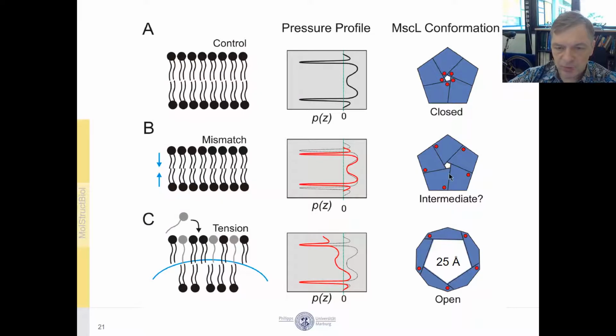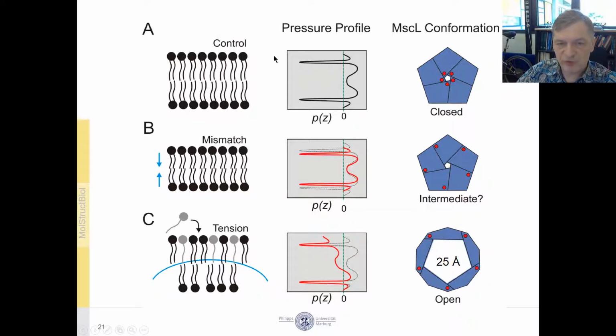Okay, so here again in a bit more diagrammatic form: closed state, some intermediate state. It depends on the pressure inside the membrane, which is a result of the difference of the extracellular and intracellular osmolarity, and of course of the characteristics of the lipids.